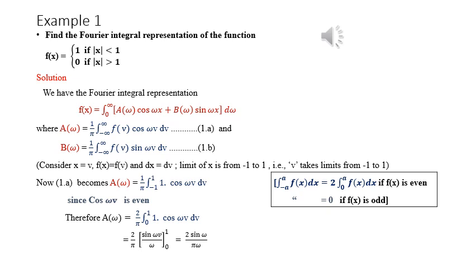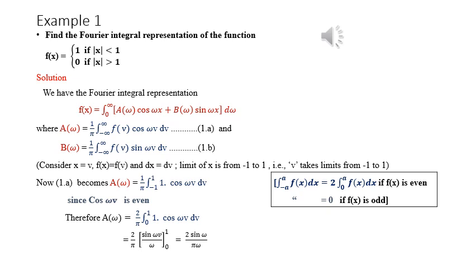That is, integral minus a to a f of x dx is equal to 2 into integral 0 to a f of x dx if f of x is even, and 0 if f of x is odd. So here 1 into cos omega v is cos omega v, which is an even function. So a of omega becomes 2 by pi integral 0 to 1 cos omega v dv.